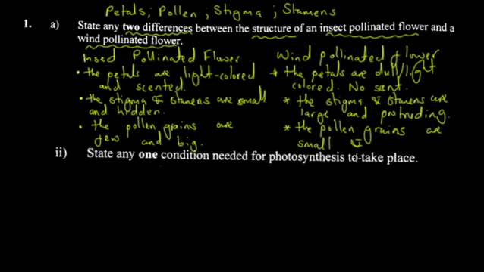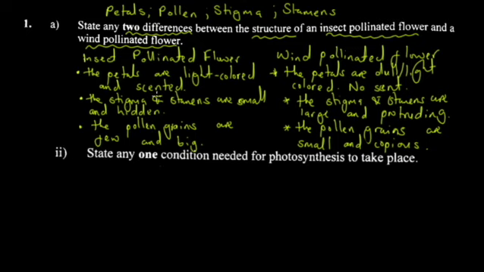If you don't want to write copious, so copious simply means that they are in big amounts. Okay, so you can actually write in big amounts. So these are the differences, the three differences that we have cited here. And here there's no wastage. Okay, in insect pollinated flower, the pollen grains, they're also sticky.